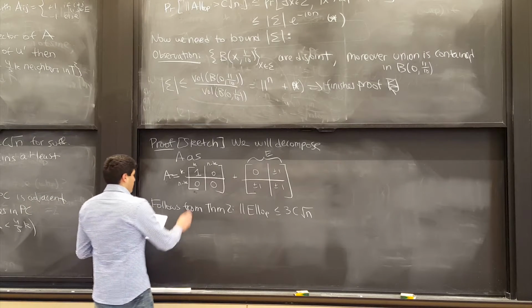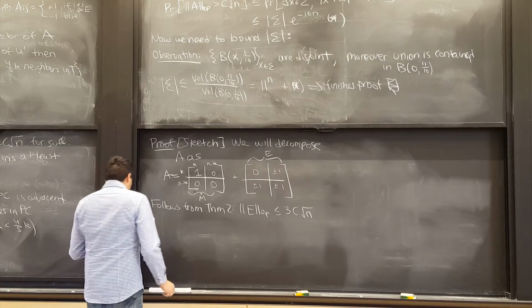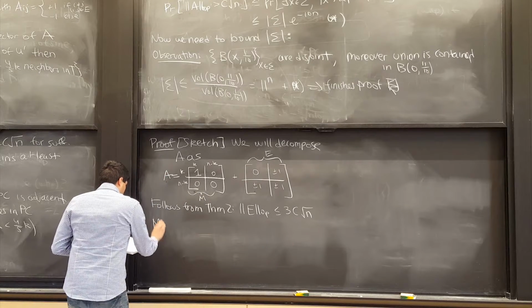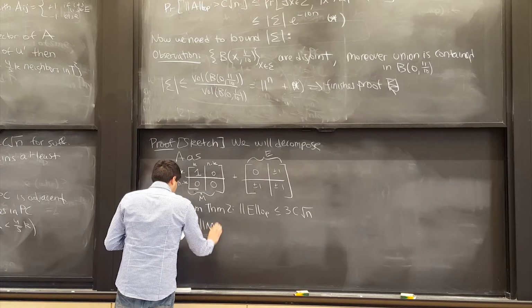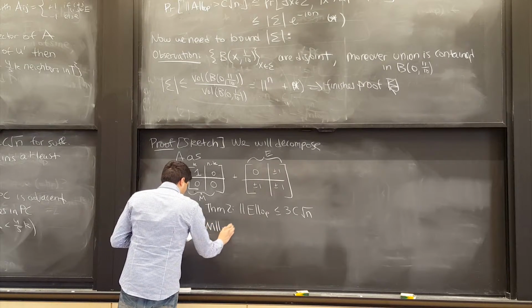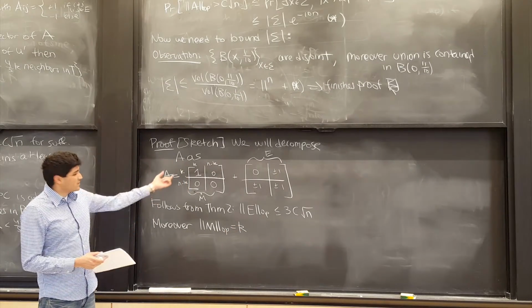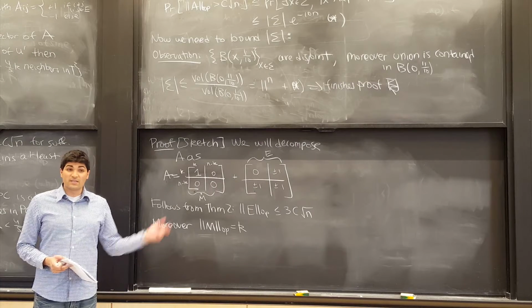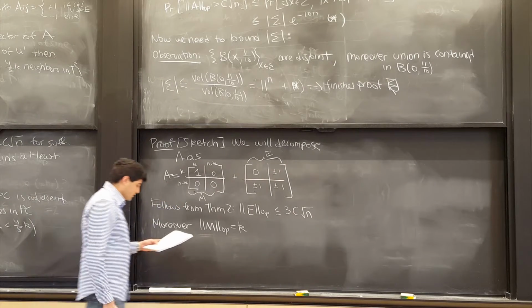But now what I claim, and I'm going to call this matrix down here M, just for simplicity, is that the operator norm of M is actually K, the size of the planted clique, because it's literally just a rank 1 matrix, so it's easy to figure out what its operator norm is and what its top eigenvector is.